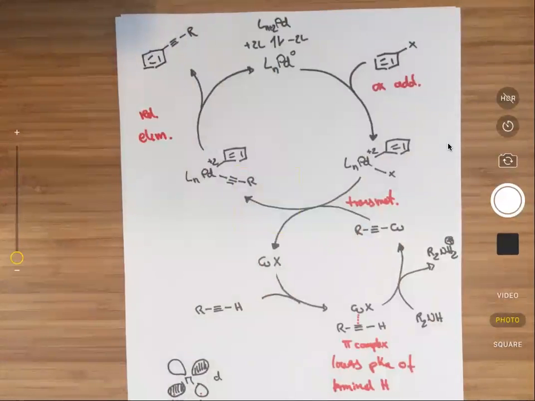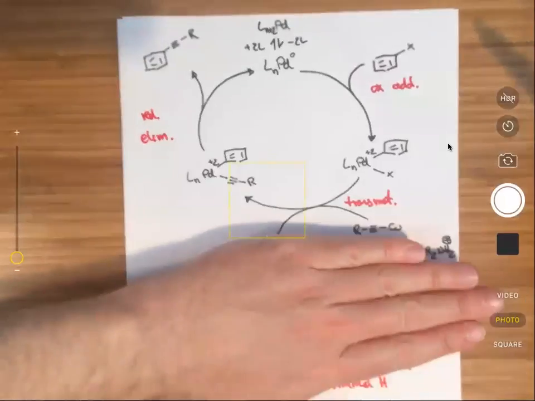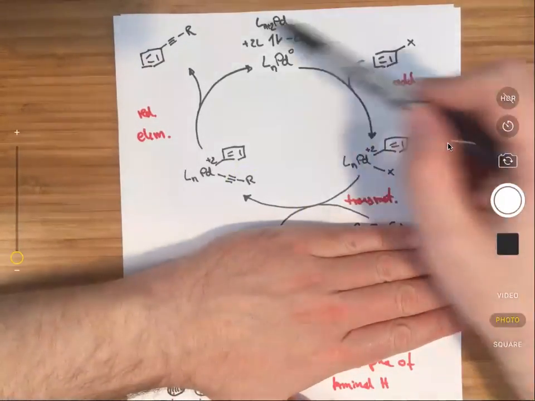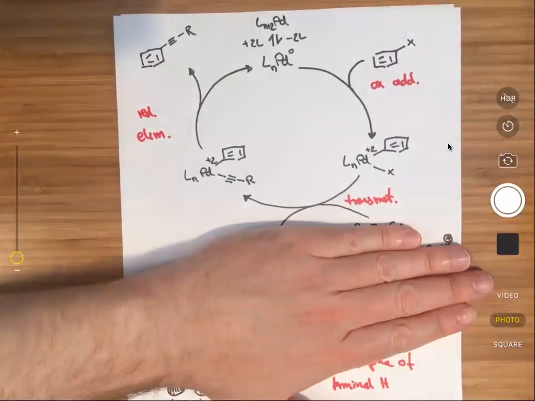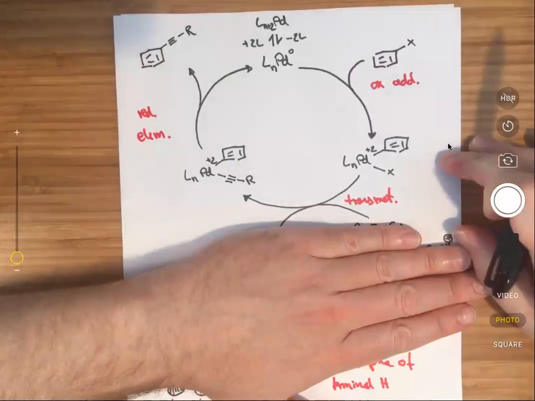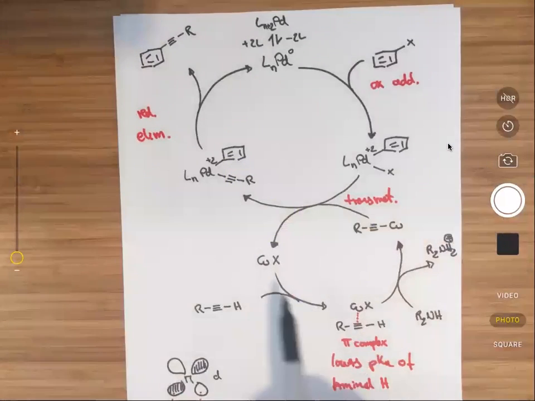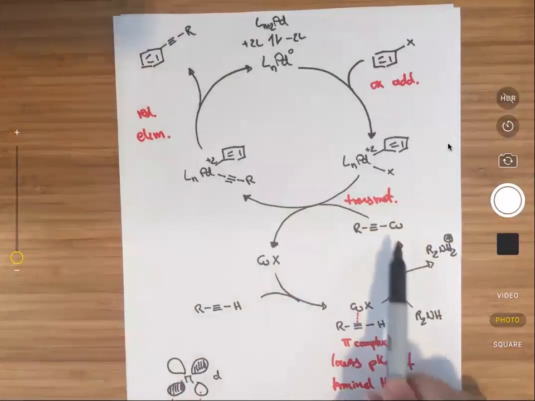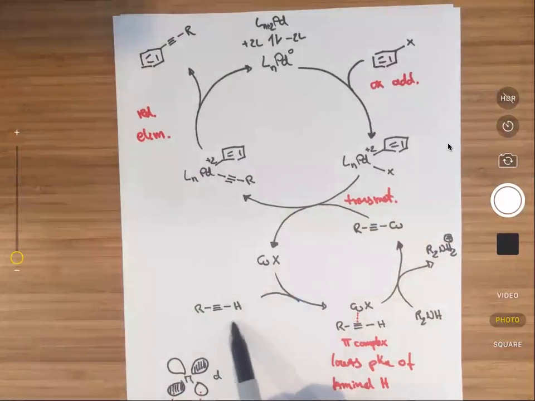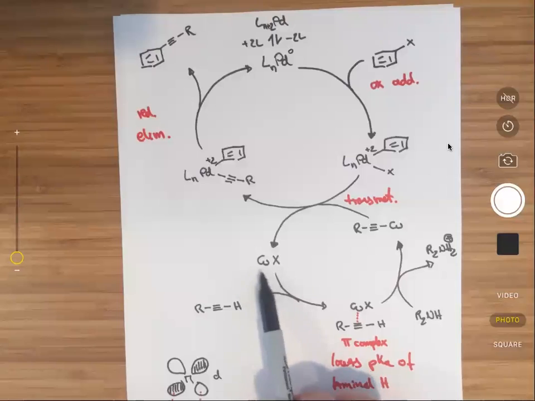So if you have a closer look at this mechanism, this top part here is essentially identical to all the other cross-coupling reactions that we have discussed before. The only new thing is essentially the in situ generation of your transmetallating agent from this terminal alkyne. And that's where essentially the second metal comes in.